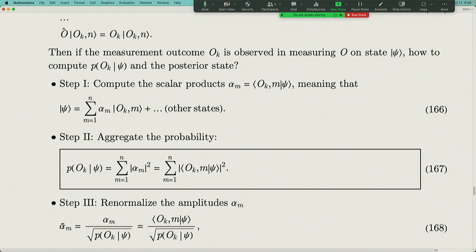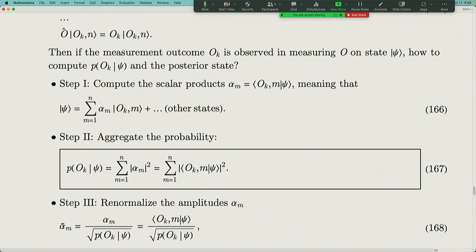That's what we learned previously, as long as these eigenvectors form an orthonormal basis, which is the case for Hermitian observables. And then we only care about those components in front of the eigenvectors which correspond to the eigenvalue which we try to predict, right?